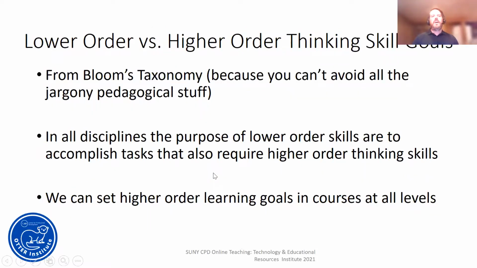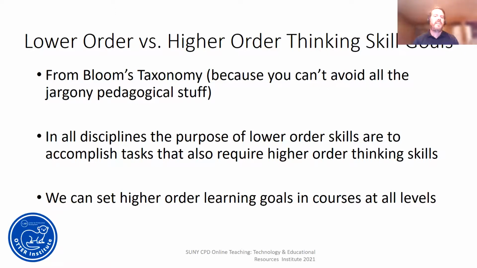So some of you are familiar with Bloom's taxonomy and the idea of lower order versus higher order thinking skills. And I know I said I would sidestep the whole learning objectives versus outcomes thing, but you can't totally avoid all the jargony pedagogical stuff. Bloom's has been revised, and there are other ways to consider these things.